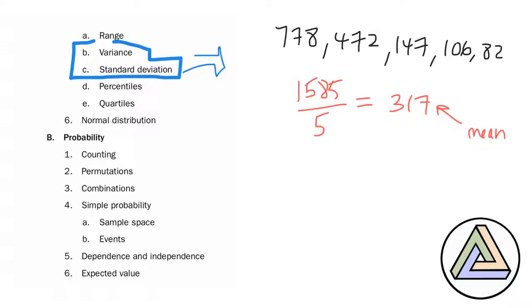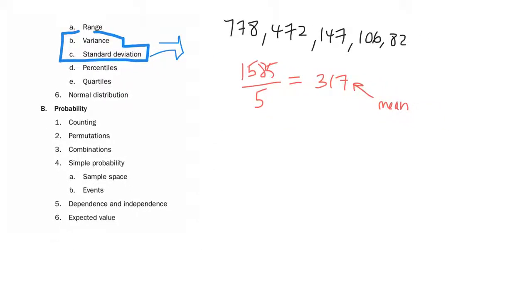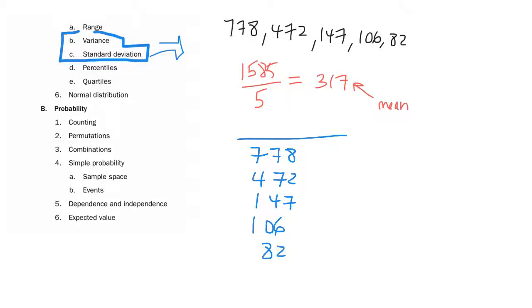And again, what we want to do is find out how much each of these numbers differ from the mean on average. And the best way to do that is as follows. Basically, sometimes it's good to make a chart actually. So you could always list these numbers like this, down a column. 778, 472, 147, 106, and 82, and that could be the first column, and we could call that the data.